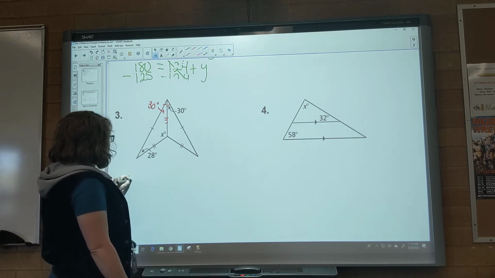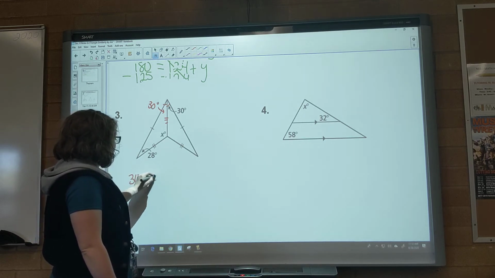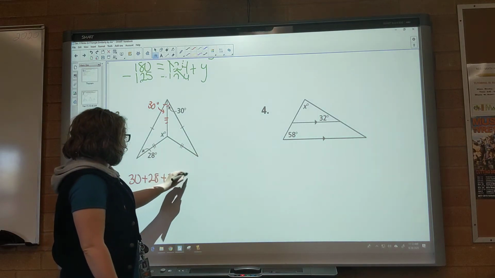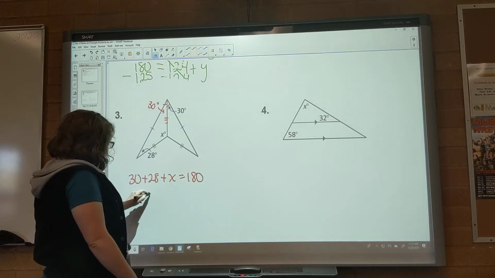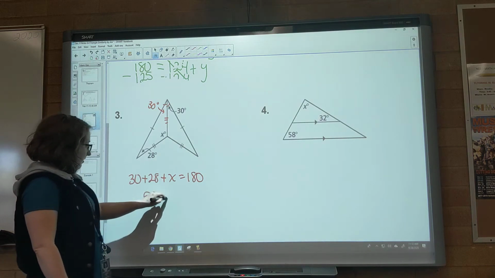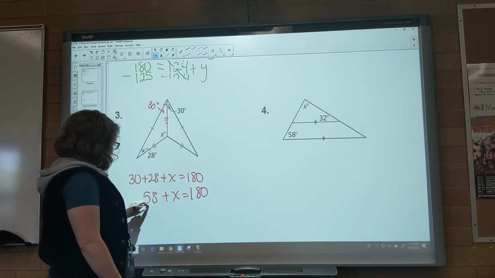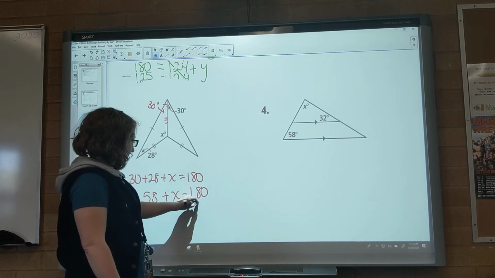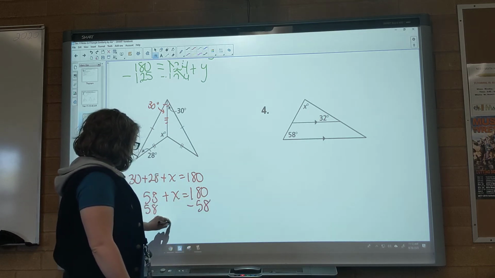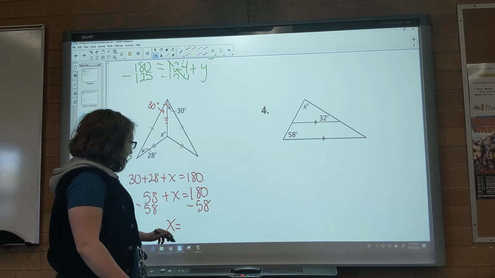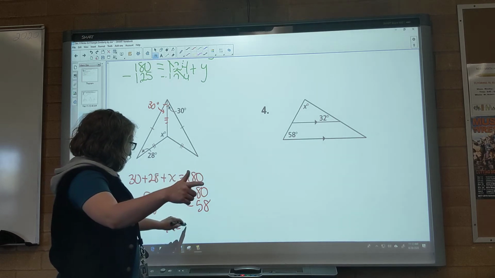So I've got 30 plus 28 plus x equals 180. 30 plus 28 is 58, plus x equals 180, minus 58, minus 58. X equals 122.